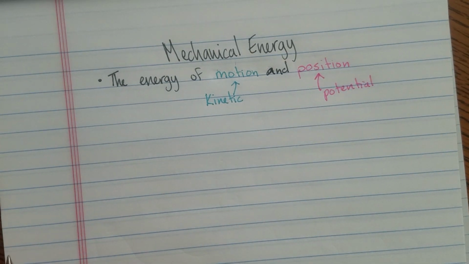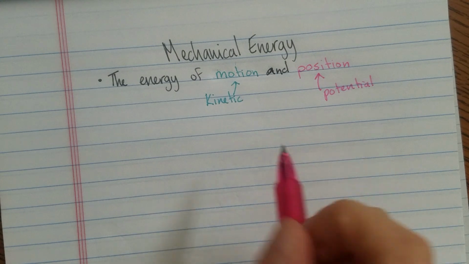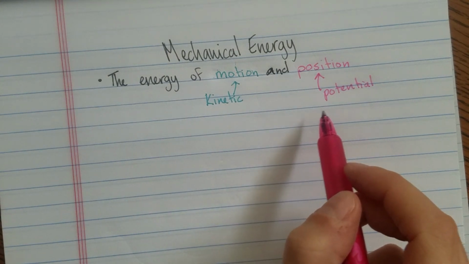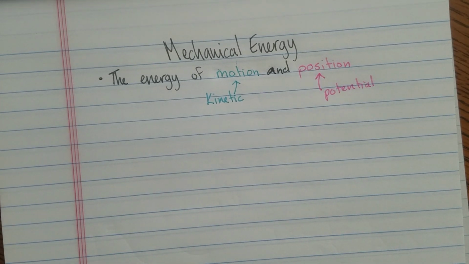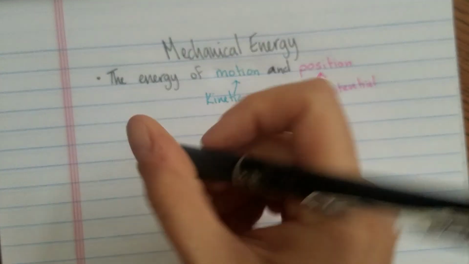So mechanical energy is the combination of these two. It is the sum or total amount of kinetic and potential energy, because we take into account both the motion energy that an object has and possibly any stored energy, or potential energy, that it still has.